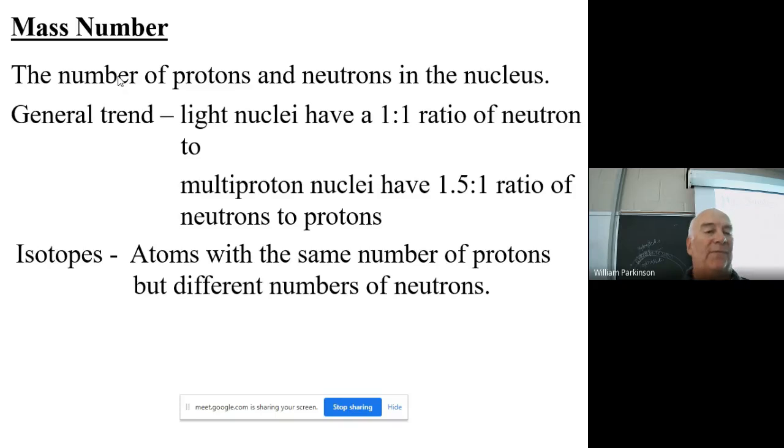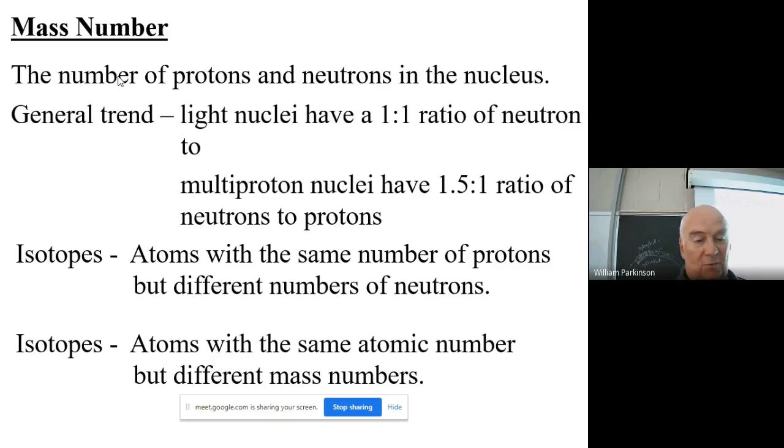And then finally, I mentioned this again on Wednesday, this is all repetitive, if you like. Isotopes have the same number of protons, so the same number of positive charges in their nucleus, but the number of neutrons might differ. And so many elements have different isotopes.